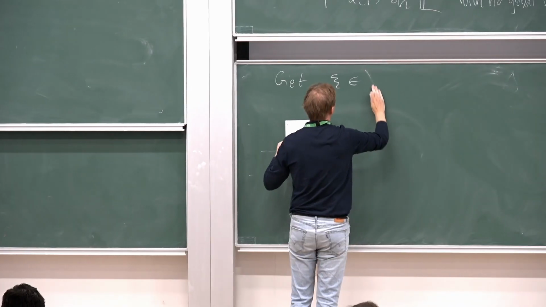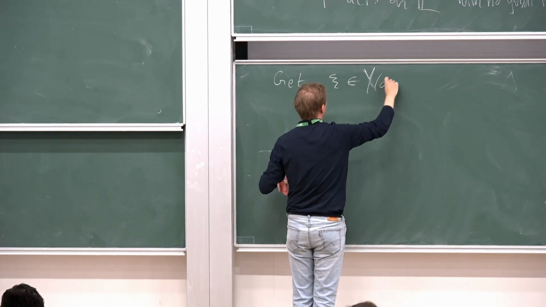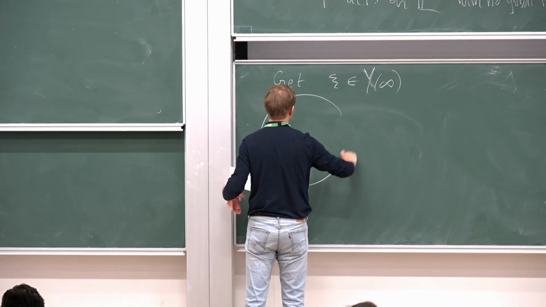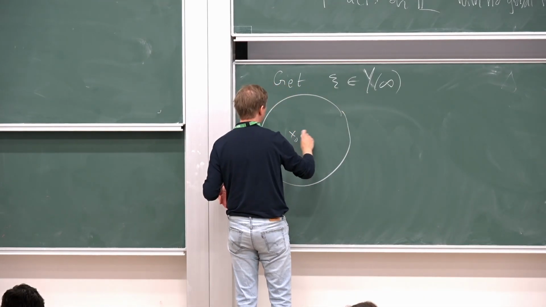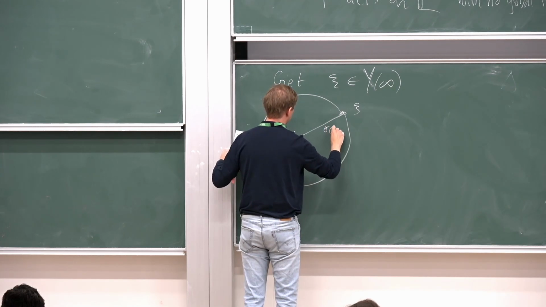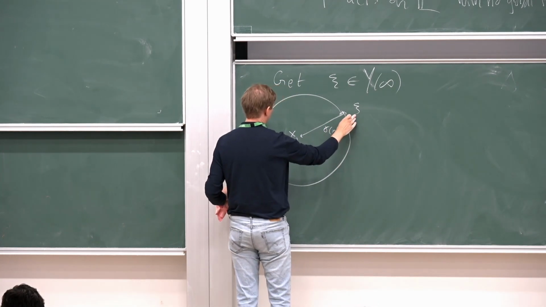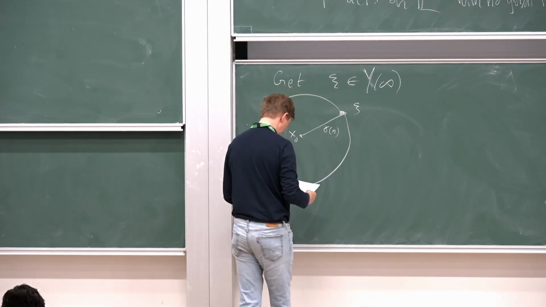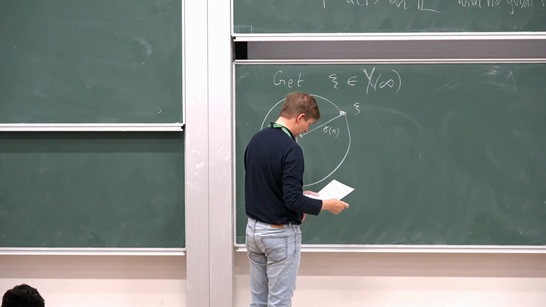I have to make sure what material I have. So the picture is maybe like this. You have a base point x0 and psi, and so you have that geodesic ray that represents this equivalence class if you start from x0.